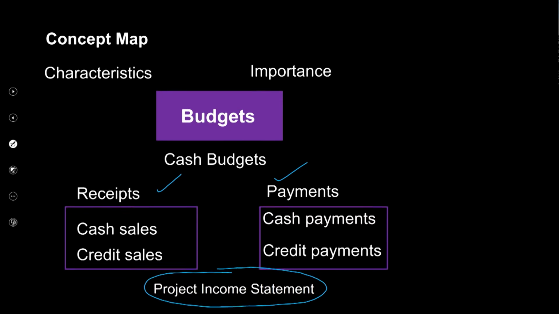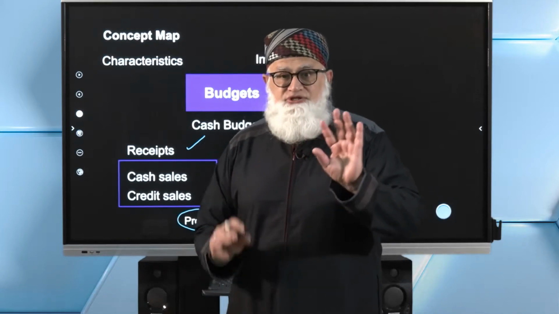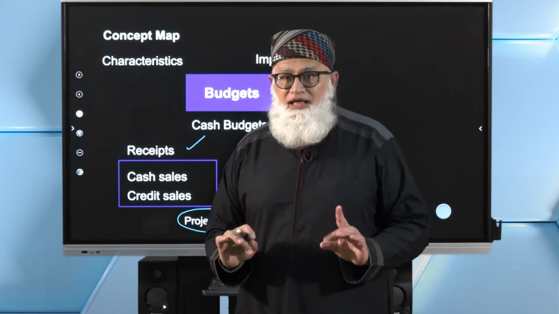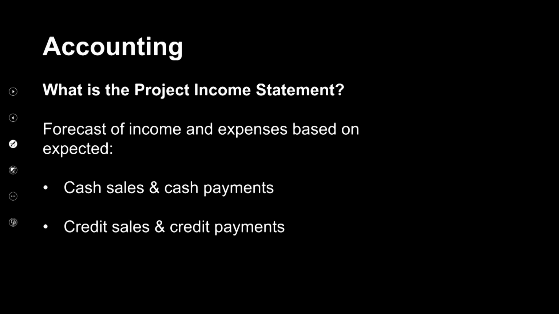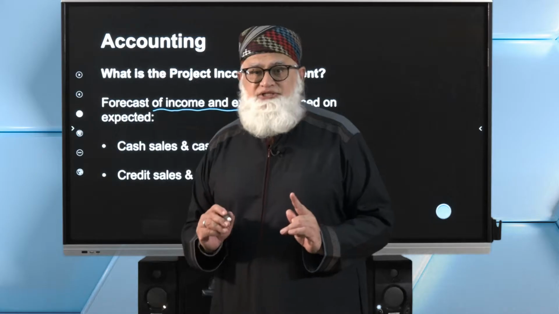Why? Because now we're not looking at receipts and payments any longer, but we are focusing on, watch, what is the projected income statement? The focus will be on incomes and expenses. In other words, completely different to your cash budget.